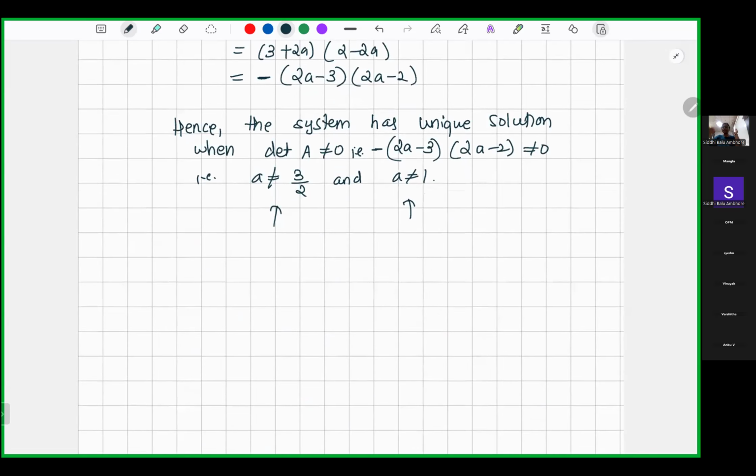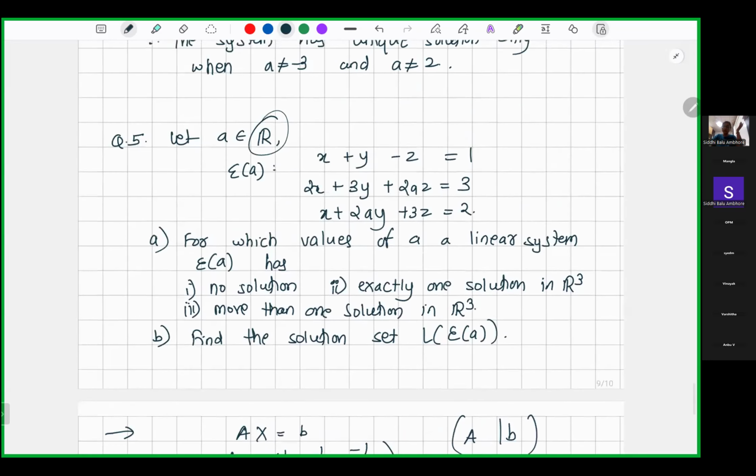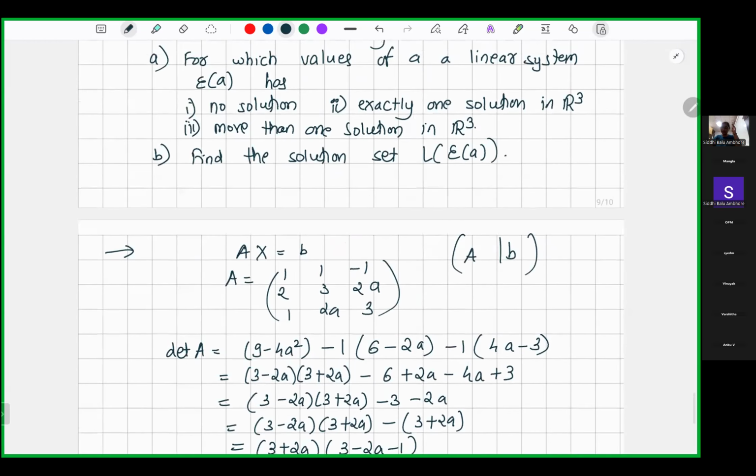a is in R, I think. Yeah, we are working in R here. Okay. So anything other than 3 by 2 and 1 will give me a unique solution. The matrix A will be invertible in that case.